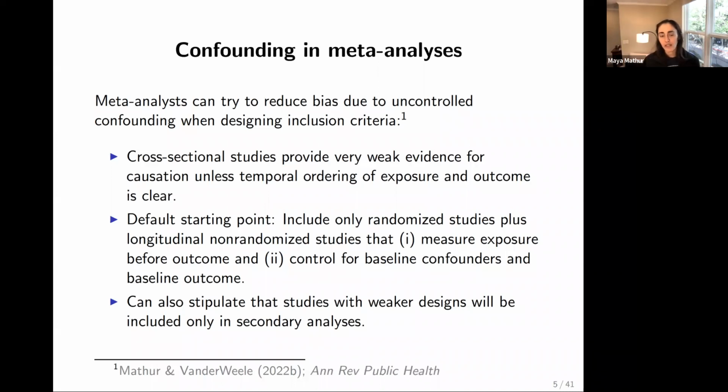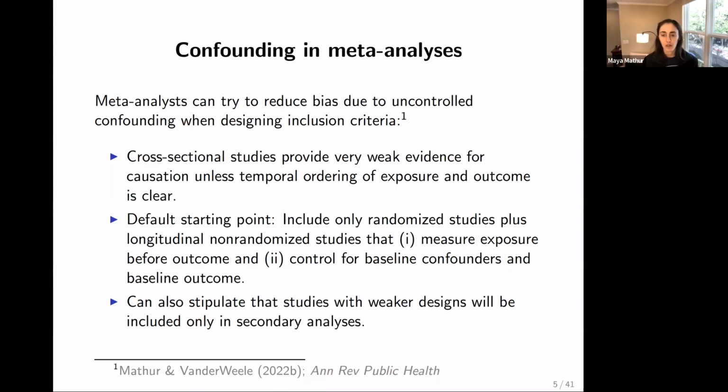So generally, unless we're in very specific settings where it's clear by virtue of what the exposure and outcome are what their ordering is. So for example, let's say the exposure is a genetic variant that's fixed at birth, then we know that has to happen before any other outcomes in someone's life.